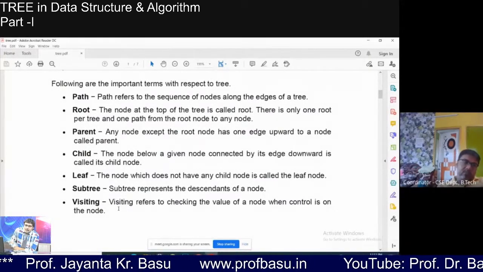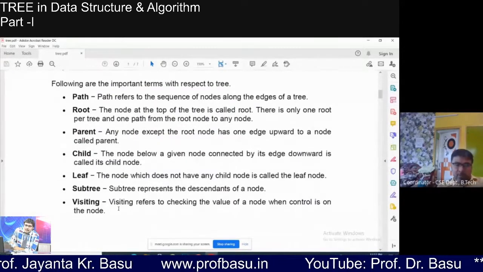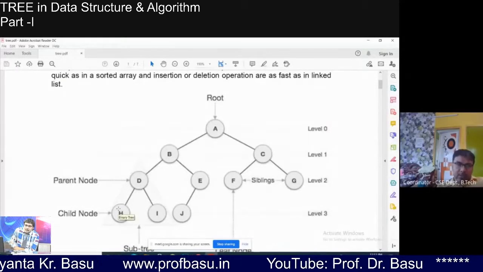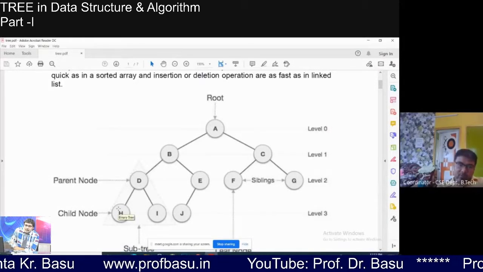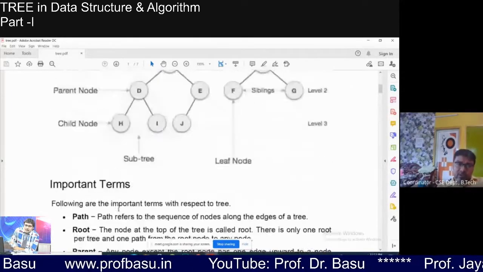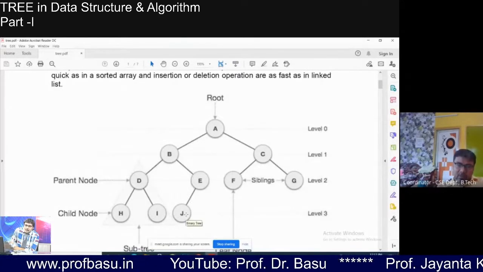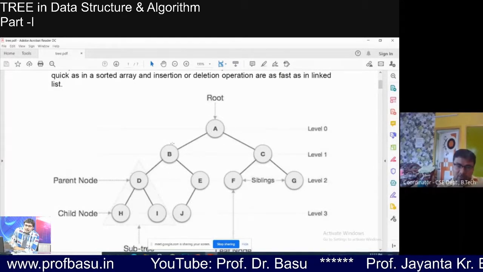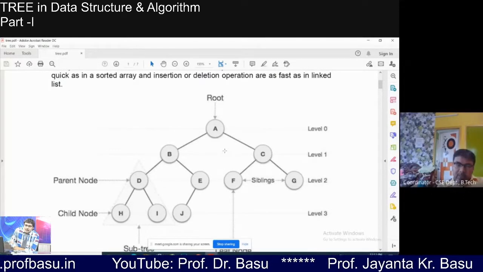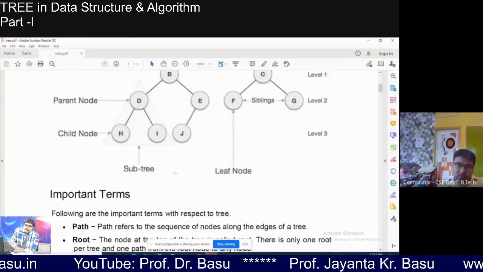Visiting. This is the most important thing. Whenever you are doing anything with the tree, you have to search, then you have to visit the tree, right? If you want to visit this node J, which path will you take? Mainly, there are three ways to visit a node.